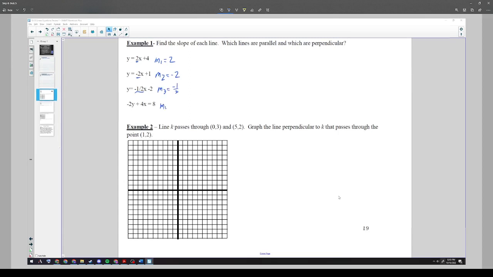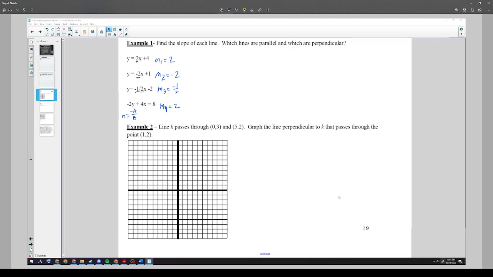The last one is a little different. That's in standard form, so we can't just read it directly. We can either rearrange, move stuff around and divide, or we can use the relationship that -a/b is the slope in standard form. They have a and b backwards, so that would be -4 over -2, so my slope would be 2.